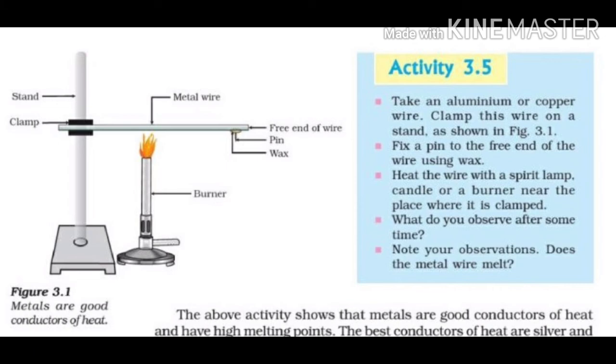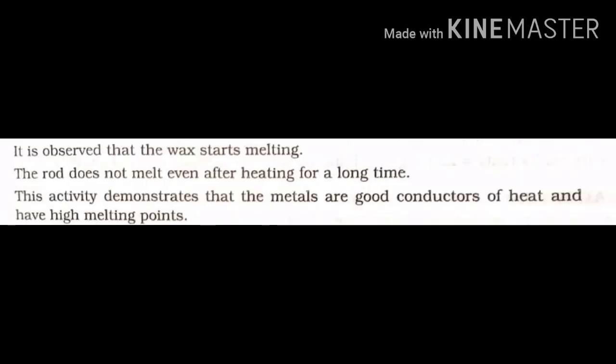What do you observe after some time? Note your observations. Does the metal wire melt? It is observed that the wax starts melting. The rod does not melt even after heating for a long time. This activity demonstrates that the metals are good conductors of heat and have high melting points.